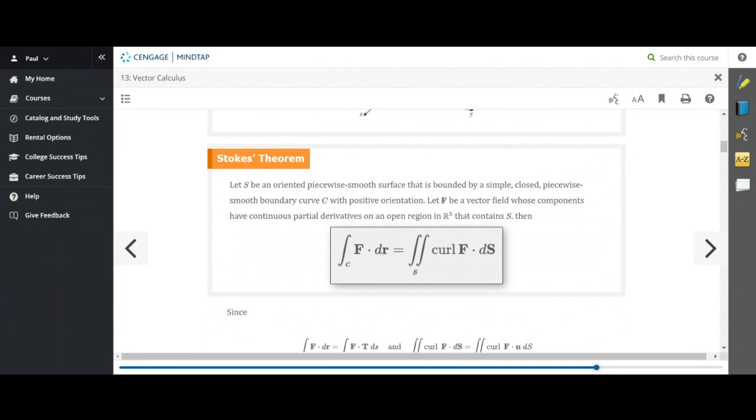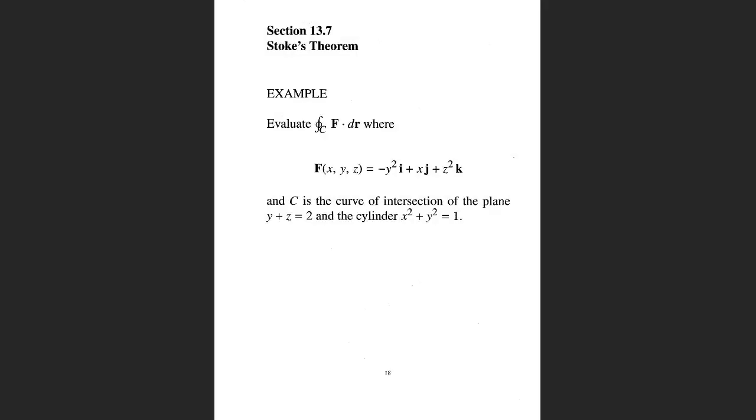Let me bring up an example here from section 12.7. Okay, now this example is actually from your book. It's example 1 in the book, but I'm going to work through it with you.